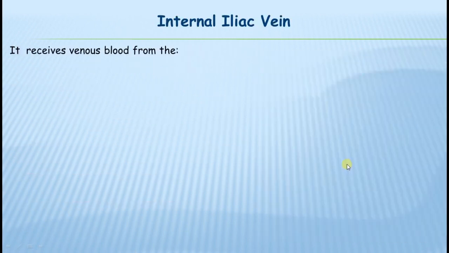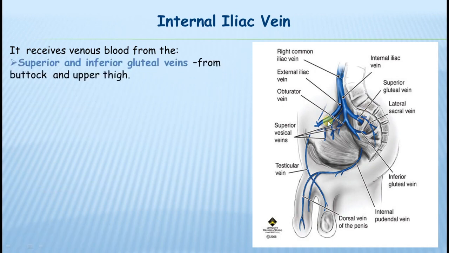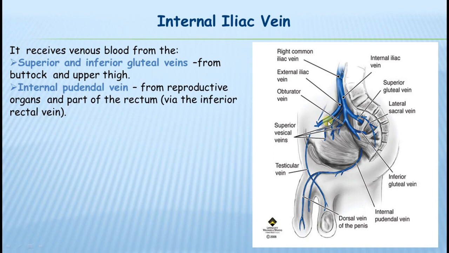So mainly the internal iliac vein receives blood from the superior and inferior gluteal veins, as I told you. The internal pudendal vein mainly drains the lower part of the rectum, the inferior rectal vein, and also the structures from the perineum, and the deep dorsal vein of the penis.